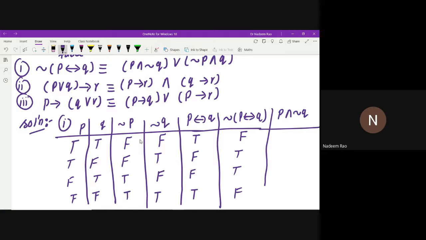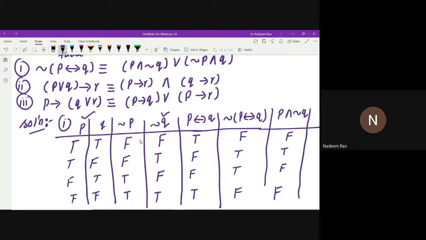We are talking about P and negation of Q. So it should be false, and it should be true, and it should be false, and similarly, it should be false. Okay. If both are true, then it is true.